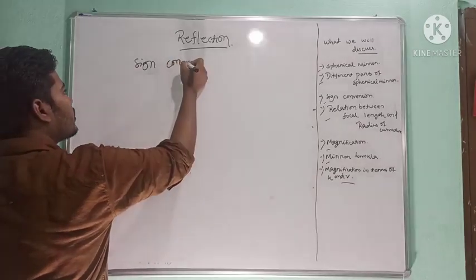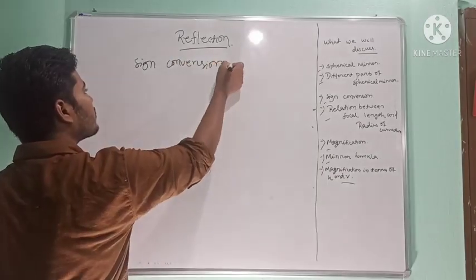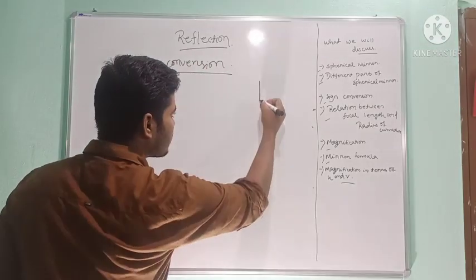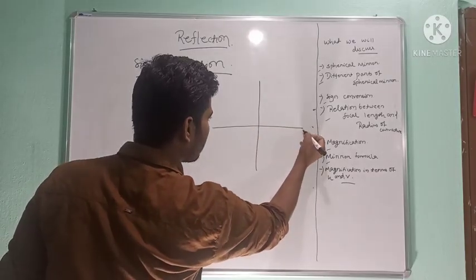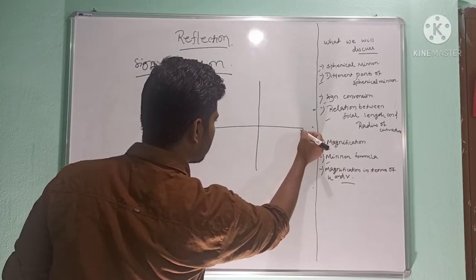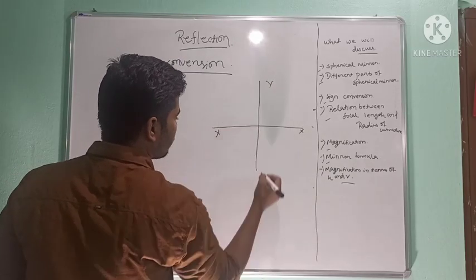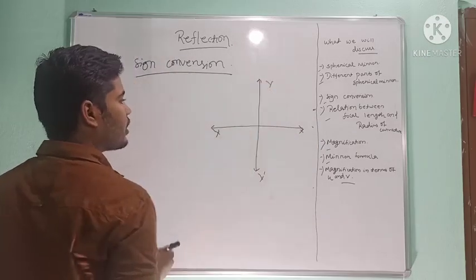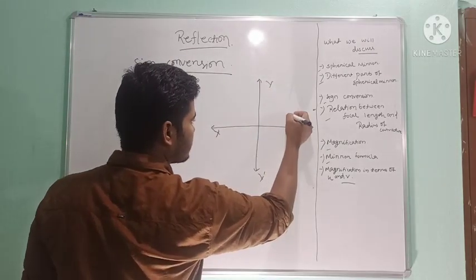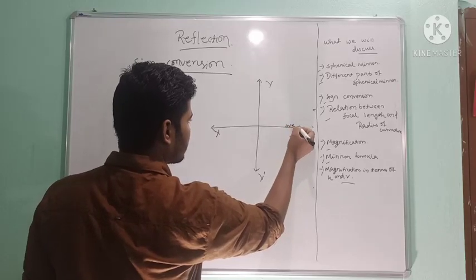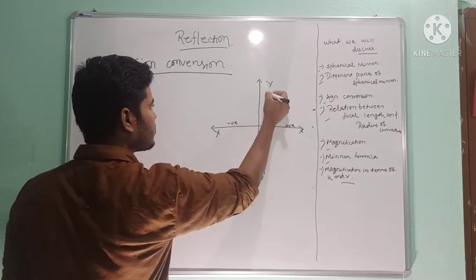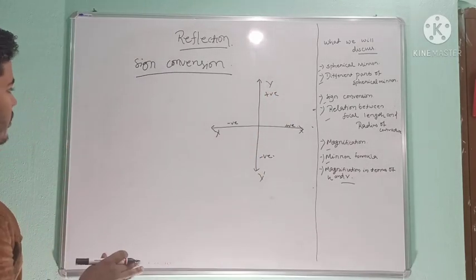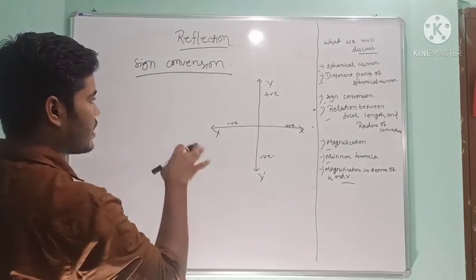In your 2D plane, the x and y axis, every time we take this part as positive x axis, this is negative x axis. In the mirror case the signs will be the same.